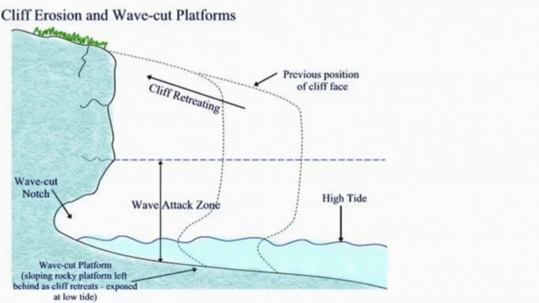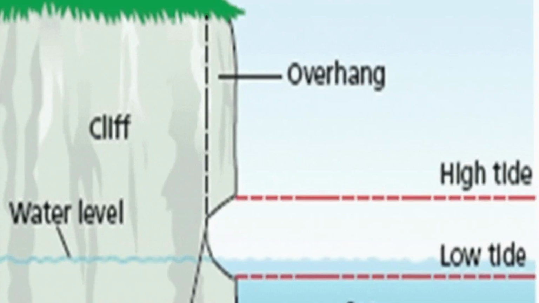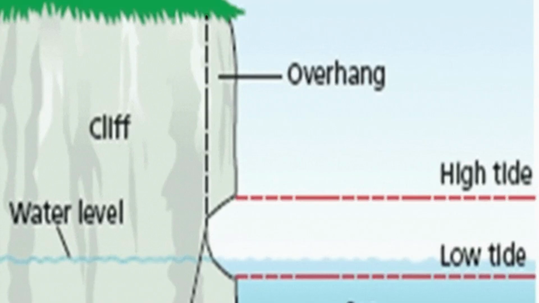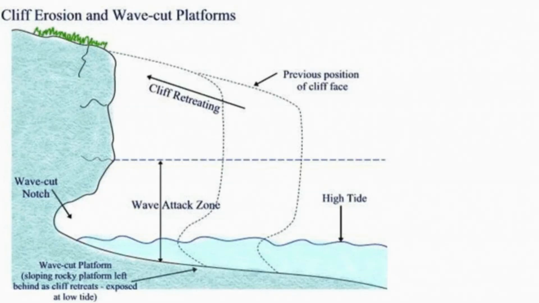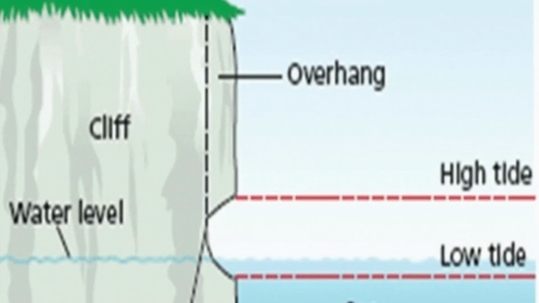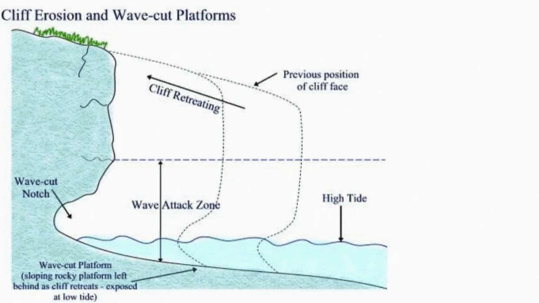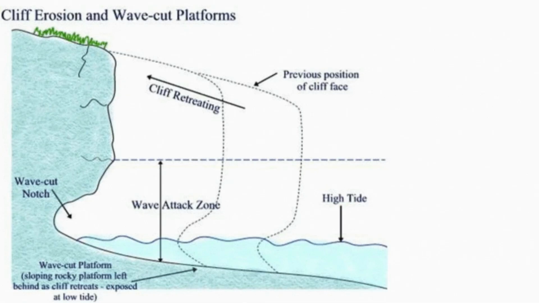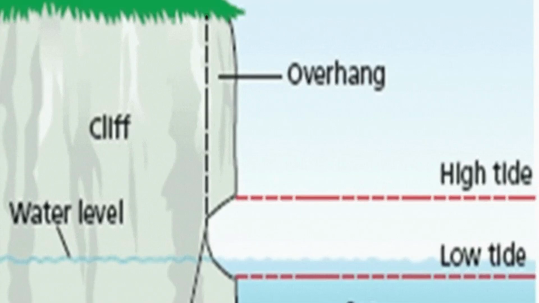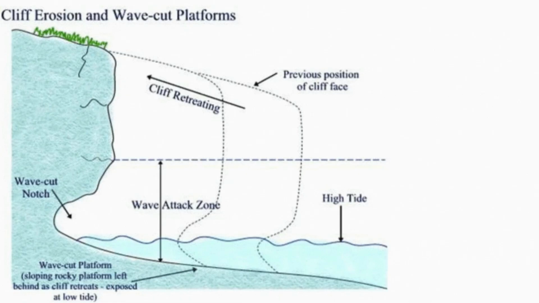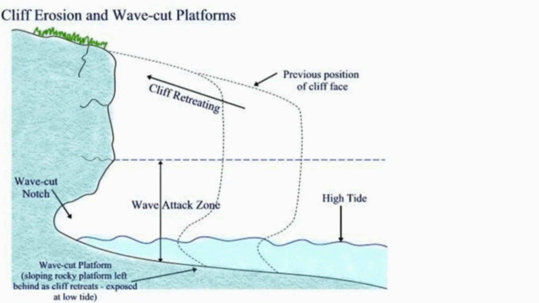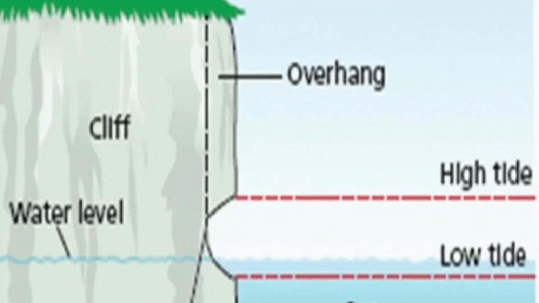Another set of erosional landforms are cliffs and wave-cut platforms, which develop together. They form when a highland is eroded at its base, and the erosion occurs between the high tide and the low tide level.